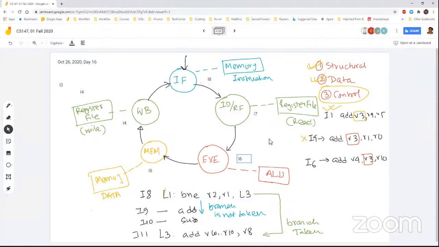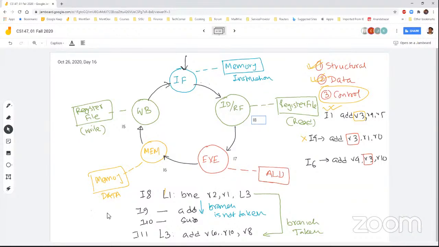Now we are done with I4, I3. We're done with that. I5 goes here, I6 goes here, I7 goes here, I8 goes here. And now the question is, which one should I fetch?